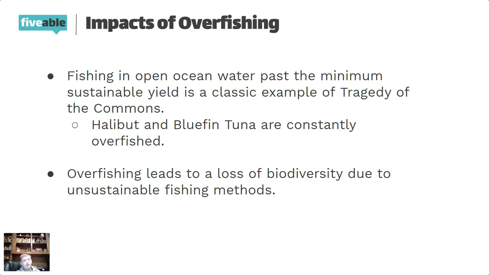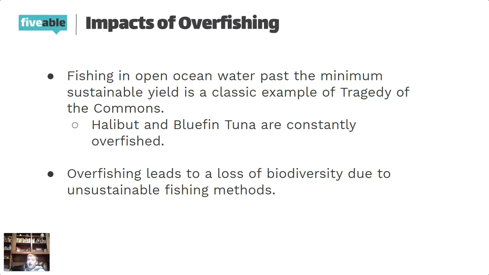I know that fish only have a limited number of eggs that they can produce, but as long as we're not going past the minimum sustainable yield, which could be a problem in the future, we're not actually having extinction issues. Caviar could be an issue in the future. It does not take that long with overfishing and overhunting to make a population go extinct, as little as a few days or a few months.